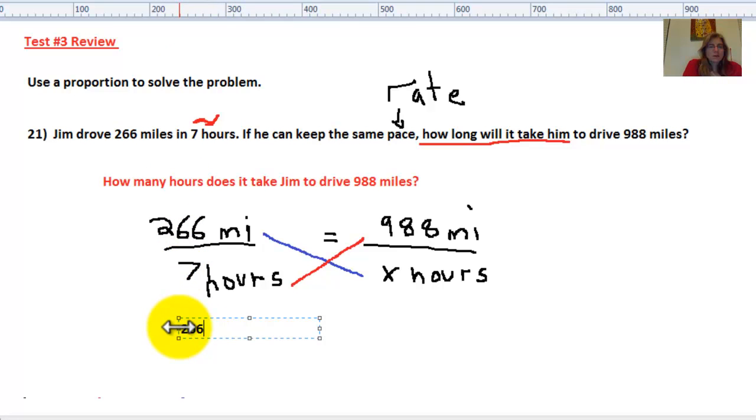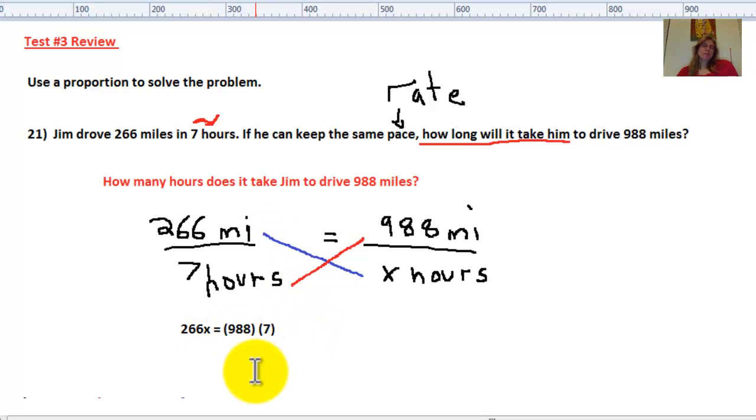So our problem then becomes 266 times X is equal to 988 times 7, using parentheses. And anytime we have these proportions, that allows us then to solve for the X after we've set it up like this.